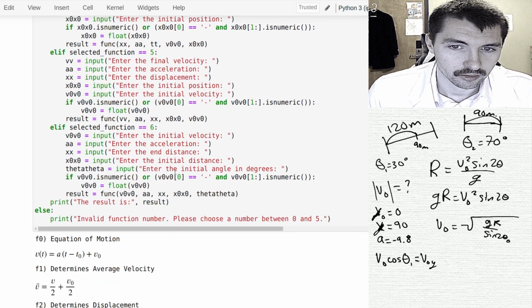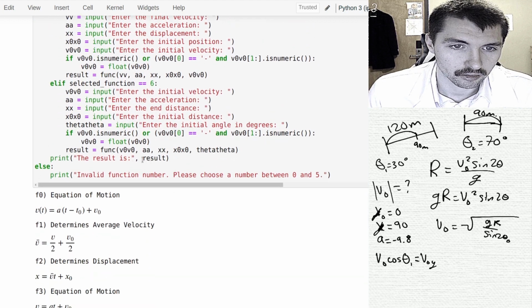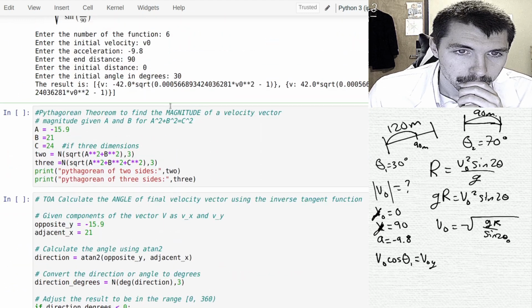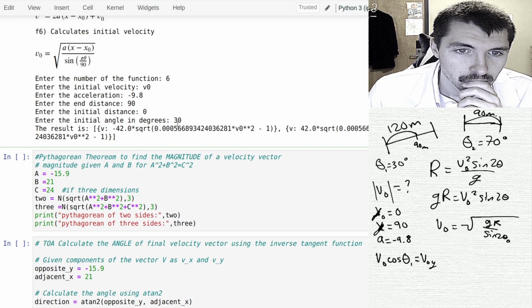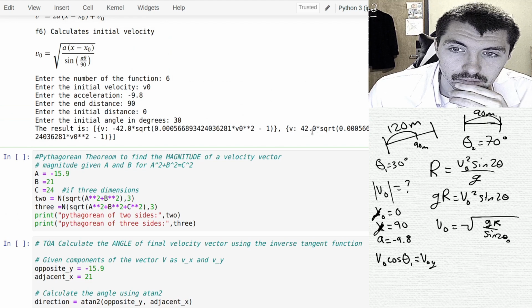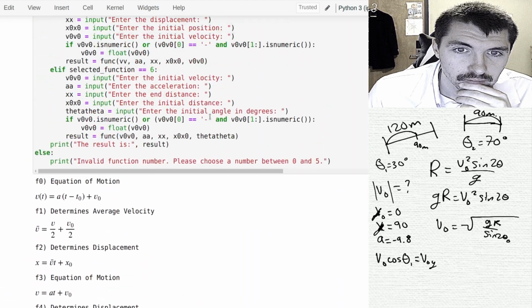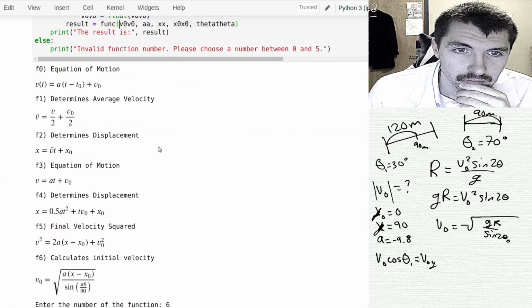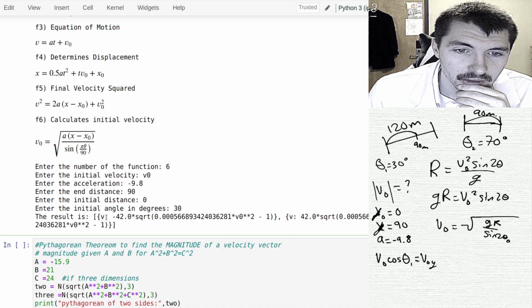Do I add something here? Why is it giving me V?